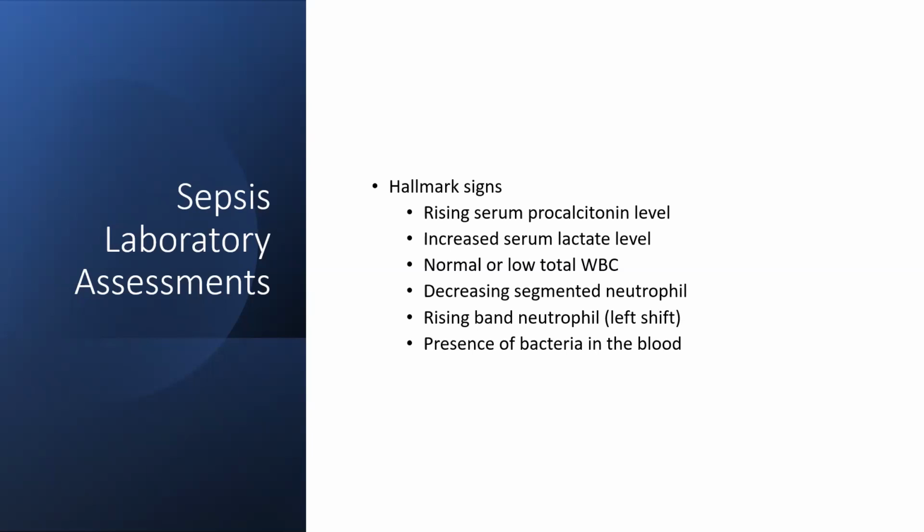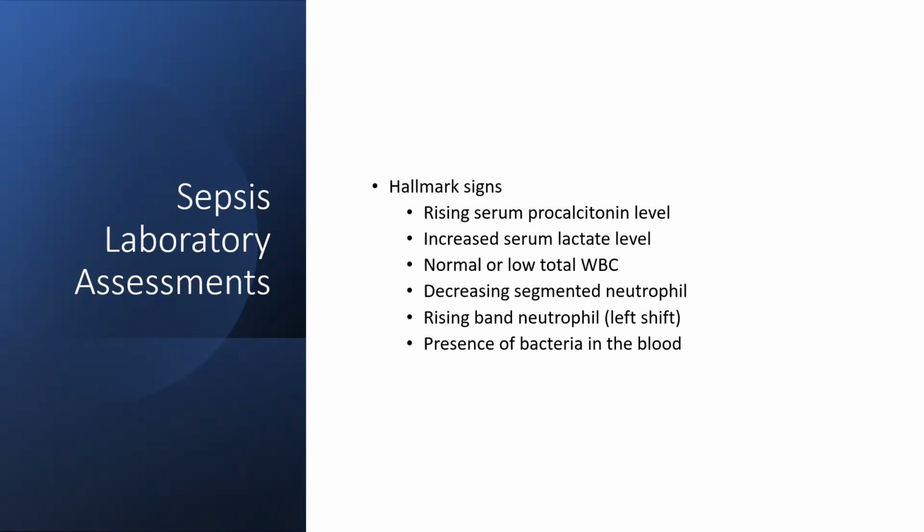So what's known about it is PCT, procalcitonin levels, are an indicator of a bacterial infection. And often providers will trend the procalcitonin level to help delineate or depict, I guess, their antibiotic course of treatment.